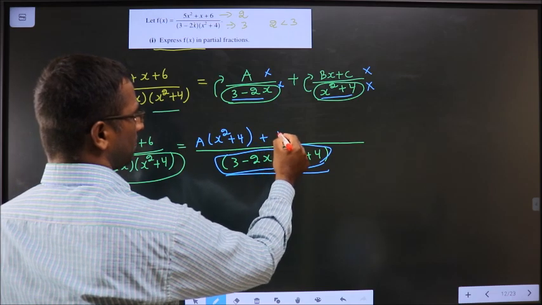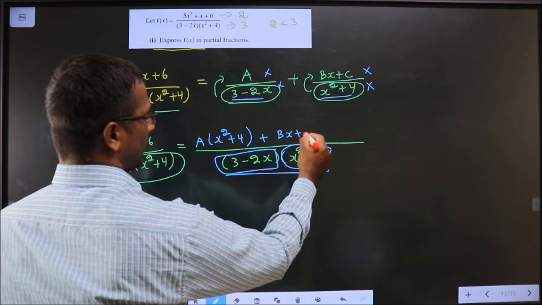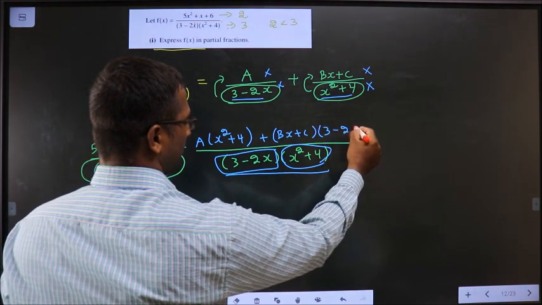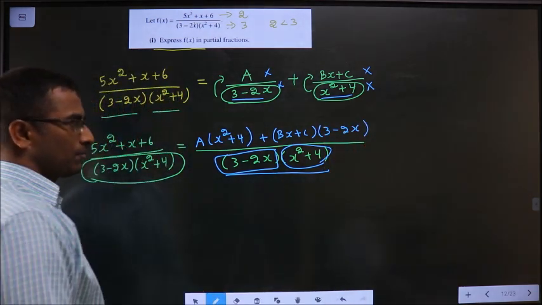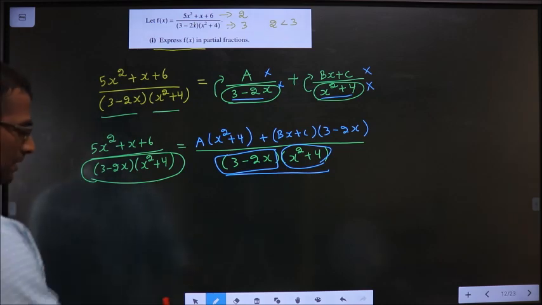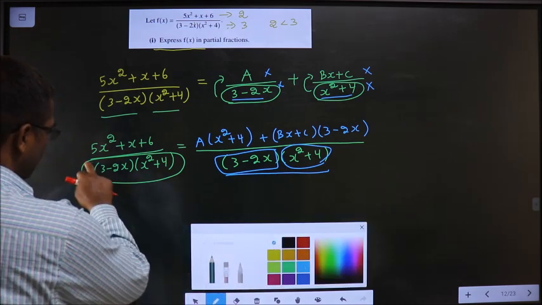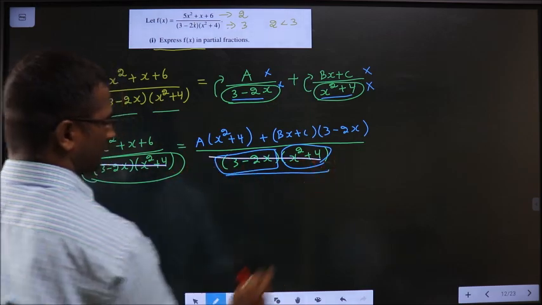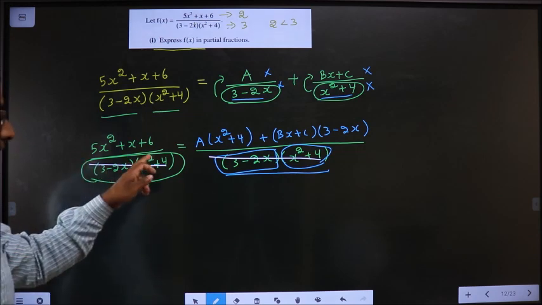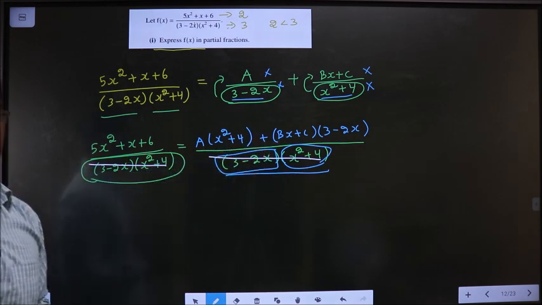Thus it will become bx plus c times 3 minus 2x. Okay. Next step. Cancel out the denominators. Okay. Once denominators are cancelled out, you are left with numerator equal to the numerator.